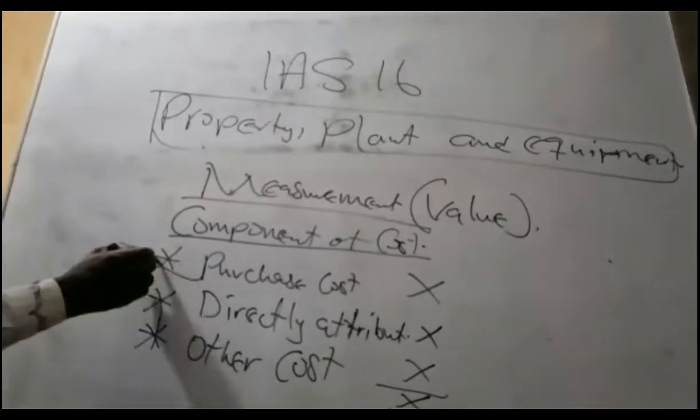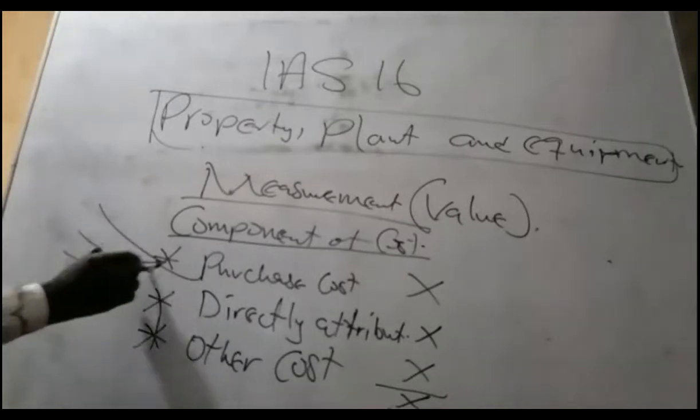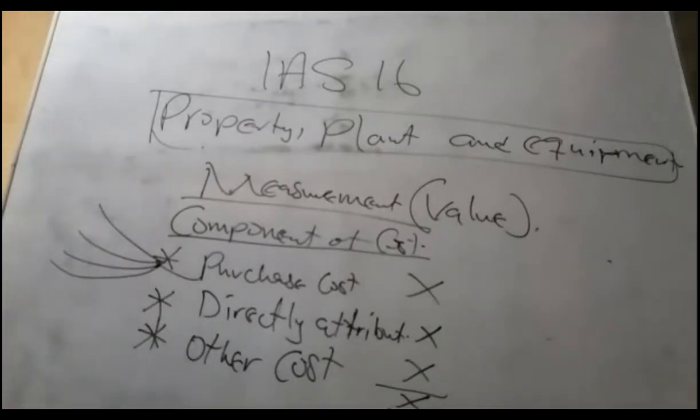Each of them has a breakdown. So when I talk about purchase cost, we can also break it down. Purchase cost, for instance, is comprised of the purchase price itself, or the listed price, or the quoted price. Add your transportation, handling, or delivering cost to it.